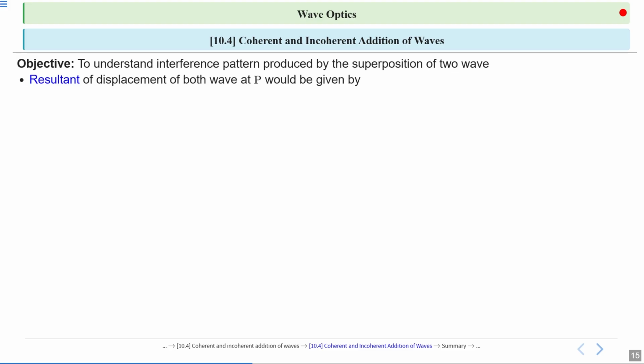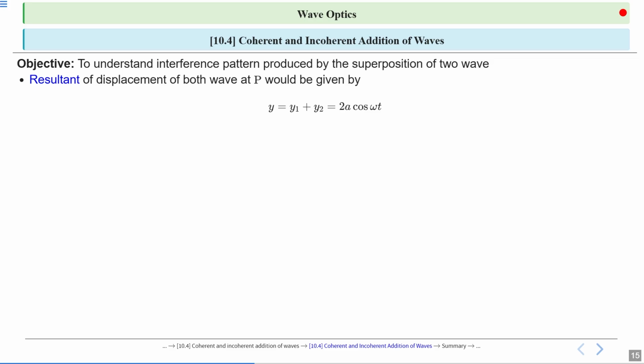So the resultant displacement of both waves at P would be, so now we find the resultant. The resultant can be found using the superposition principle. Superposition principle means the resultant displacement of the wave is represented by the vector sum of the displacement of each wave at that time. Since we are considering the displacement along the y axis only, they can be directly added.